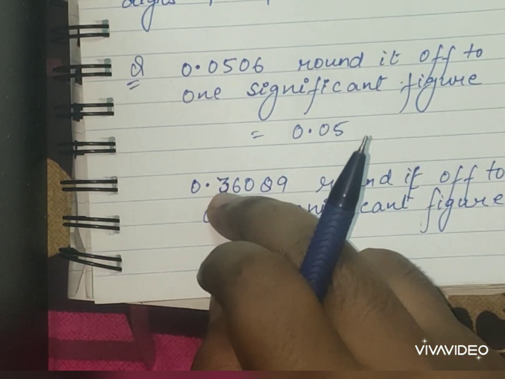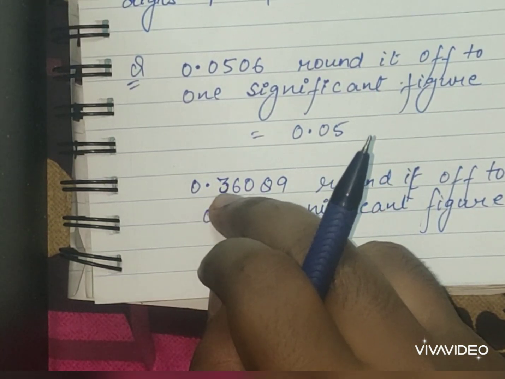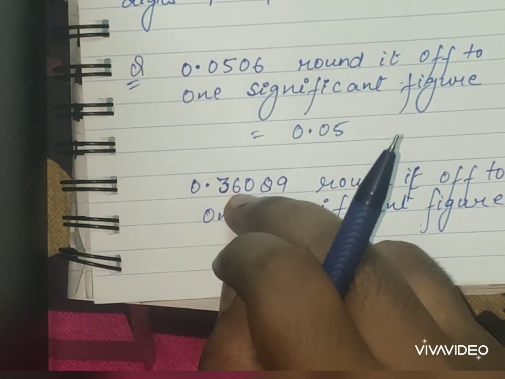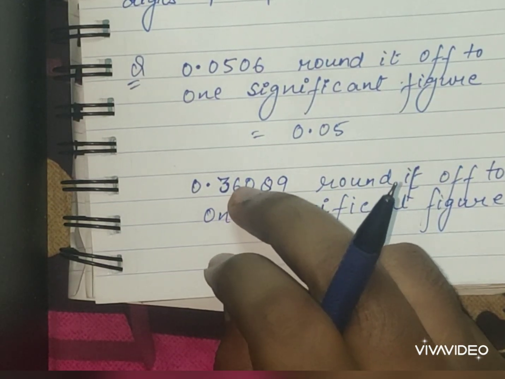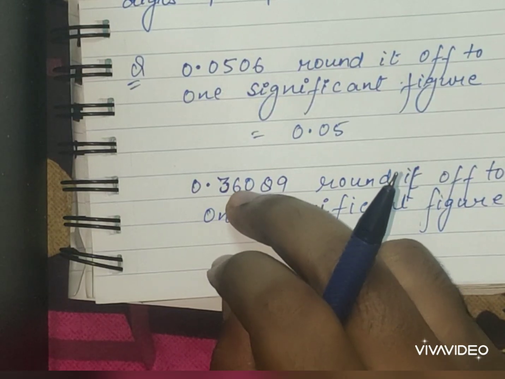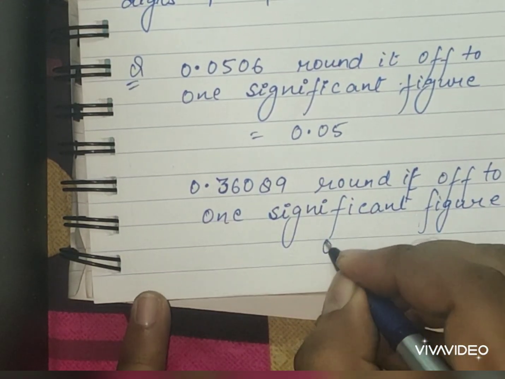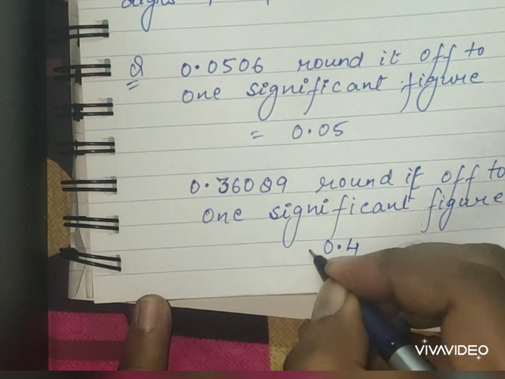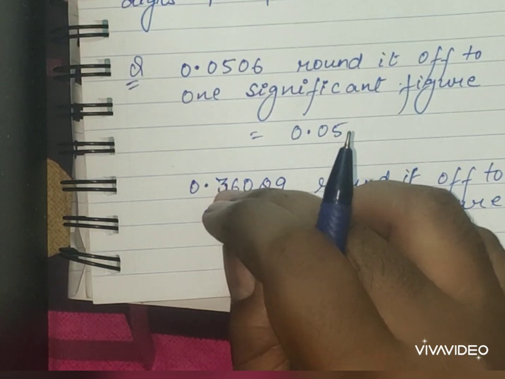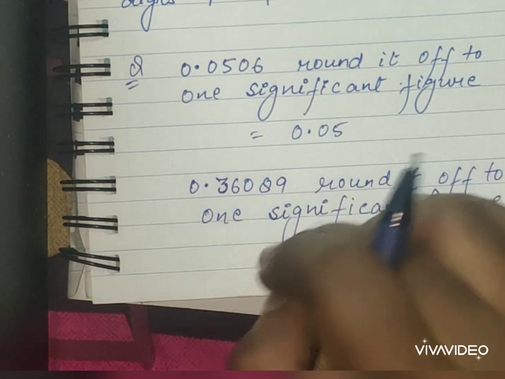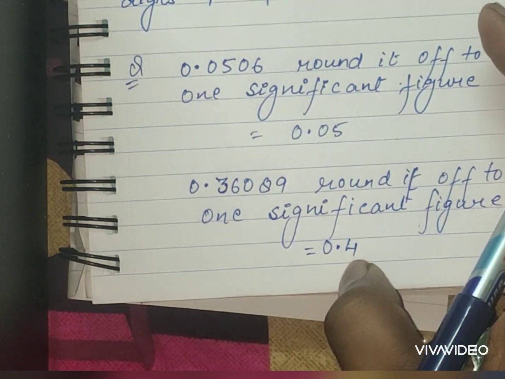To round off this number, you just have to consider the second place. In the second place, 6 is written and 6 is greater than 5, so you will round it off to 0.4. This 3 will be increased by 1 digit. Why? Because we have to round it off till one significant digit.